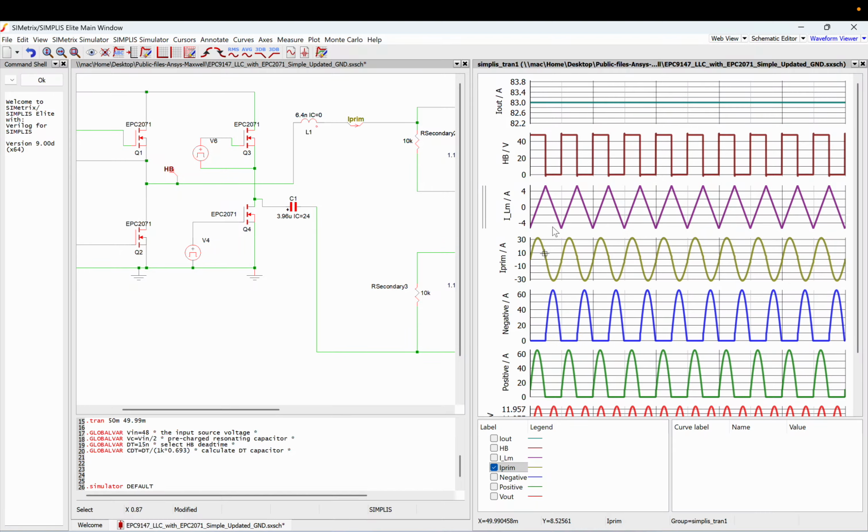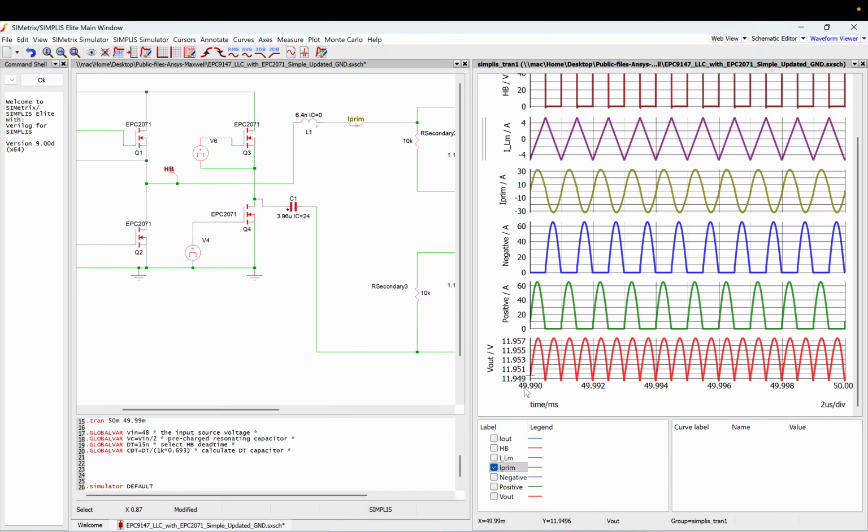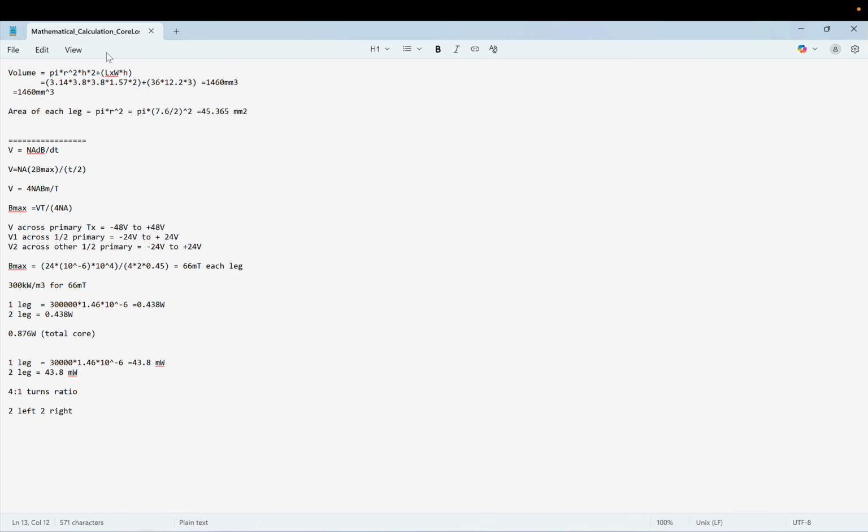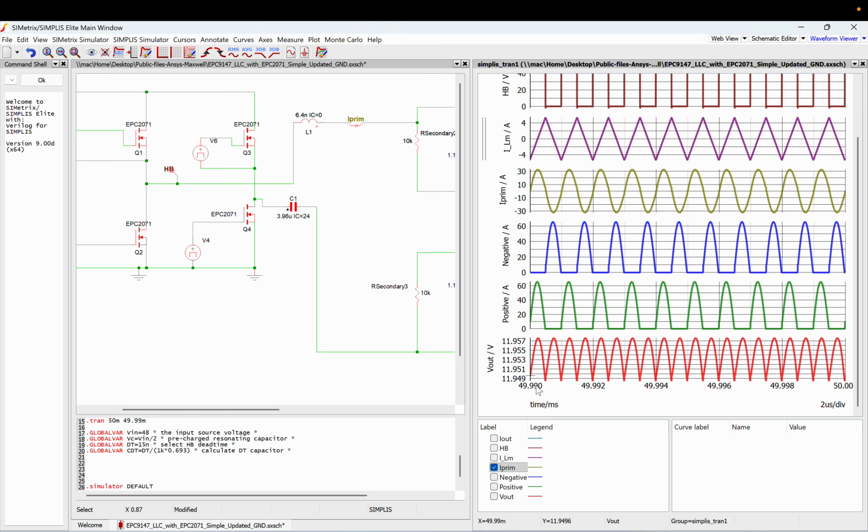Once I click the graph data, it's actually saving from 49.99 microsecond to 50 microsecond. So in the text file as well, once you copy it, right click paste, it will start from 48.99. Now if you try to put this in ANSYS, it will complain that it's not starting from 0.